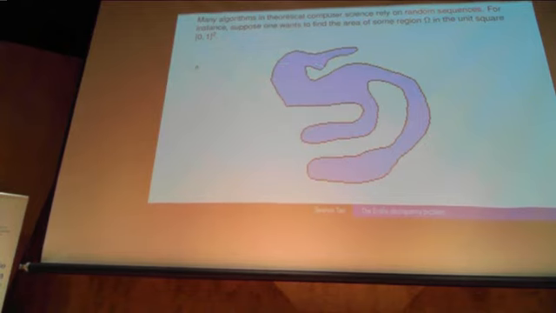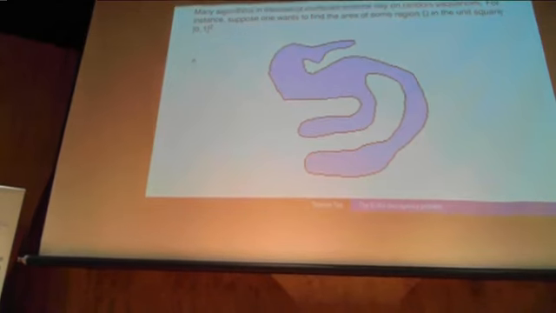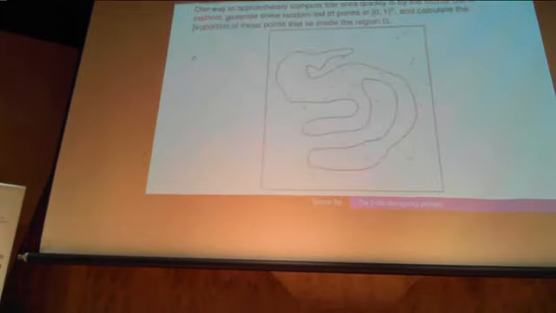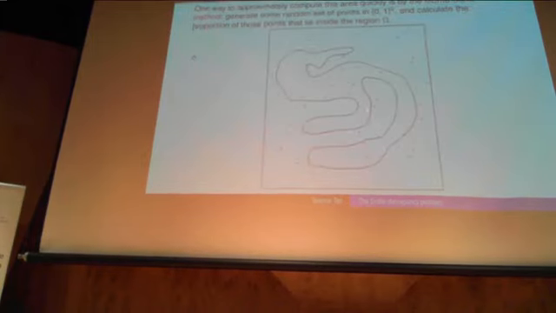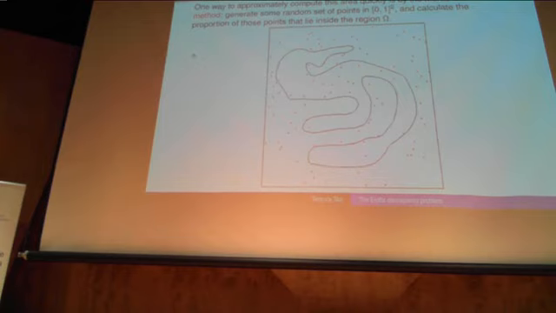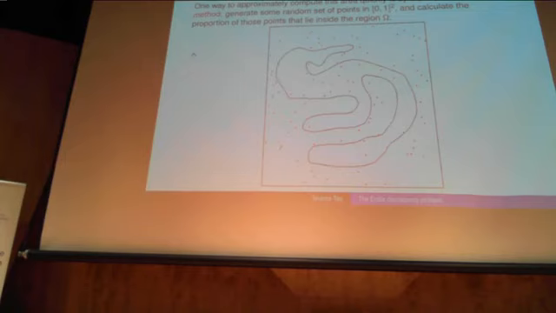One fast way to estimate the area of an object like this is called Monte Carlo integration. Here's the same region inside the unit square. You could generate a large number of random points in the square, maybe 100 random points, these red points here, and see how many of these points lie inside your region.